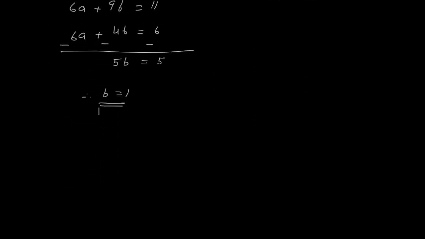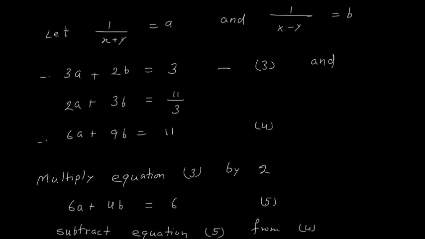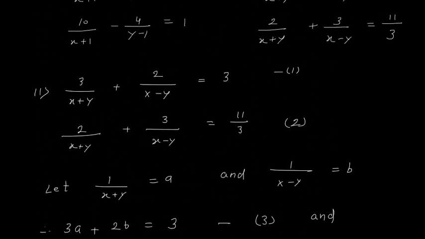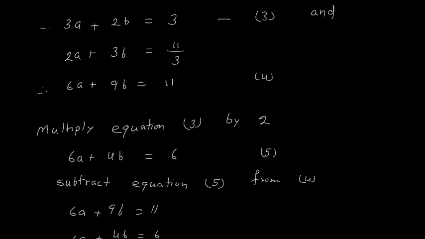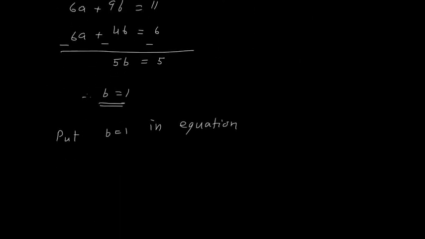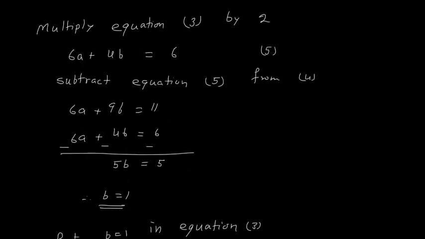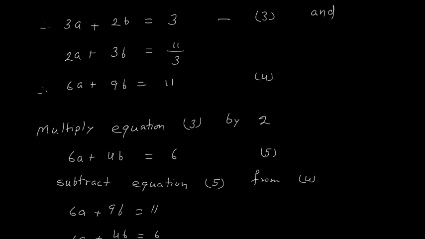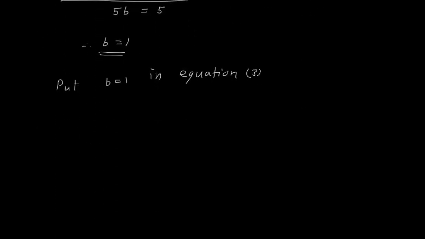Now put b is equal to 1 in an equation. In which equation will we put? Let us put it in equation 3. So my third equation is 3a plus 2b equal to 3.